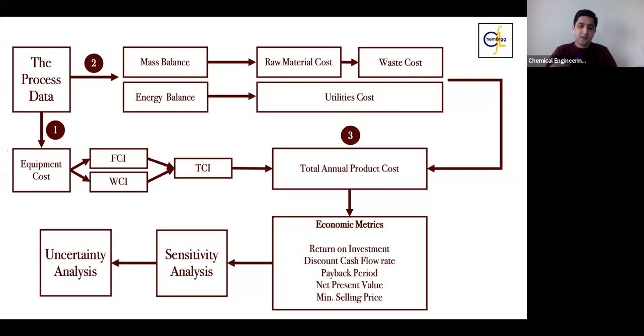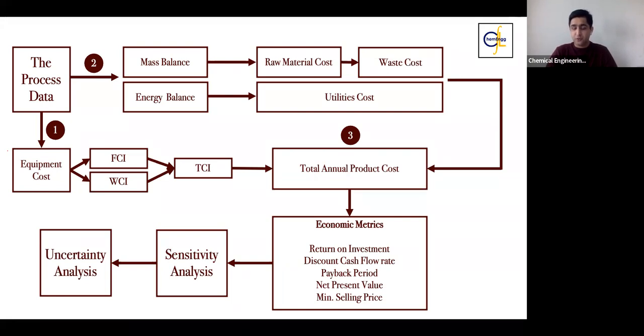So when you're doing mass balances or energy balances, the price of your raw materials, your products, and the cost of electricity all have to be taken from literature. And therefore, it is very important for you to understand that for all the calculations that you do, you need to be able to verify and validate those numbers.